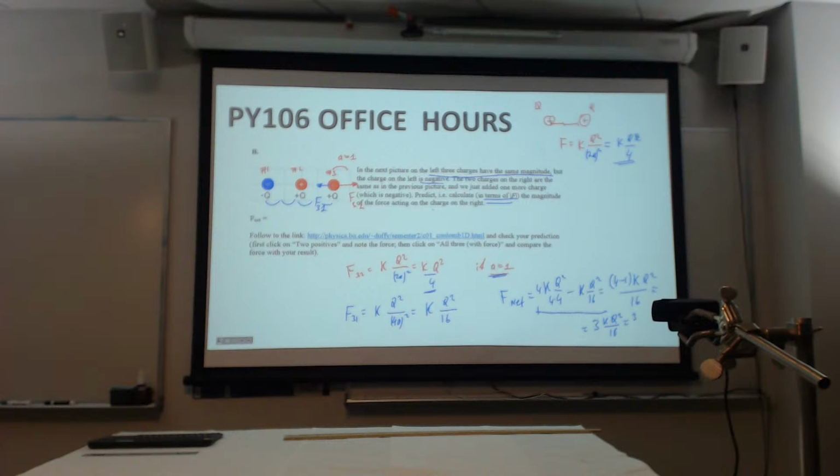This is 3 kq squared over 4 over 4. Why would it be over 4? Well, 16 is 4 times 4. I just broke it out. Why wouldn't it be? Okay, so it's just a different way of expressing it.